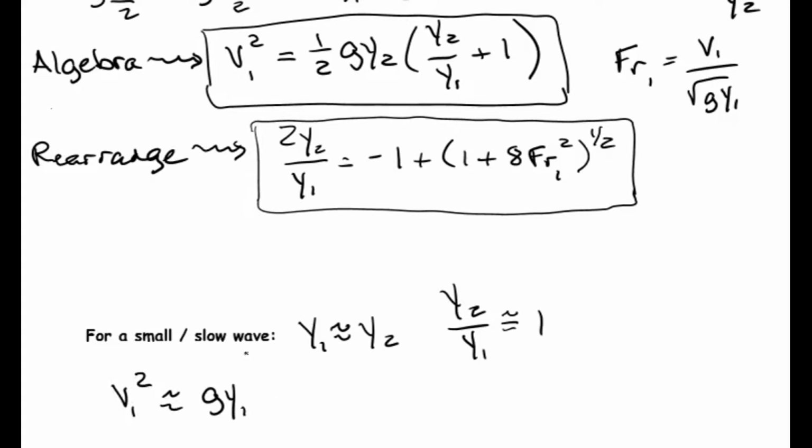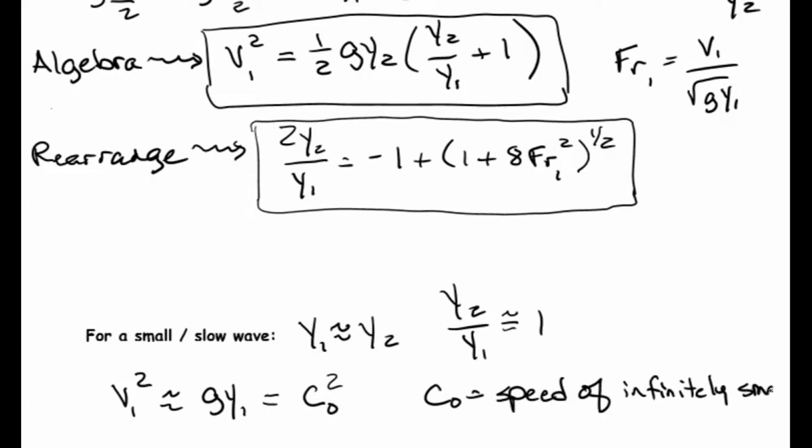And if you remember, for a small slow wave, that was equal to our c naught squared, where c naught equals the speed of an infinitely small wave.